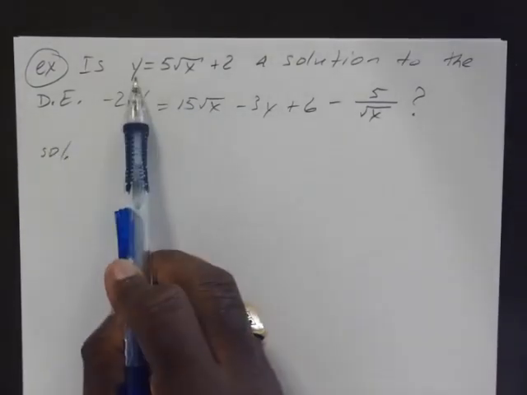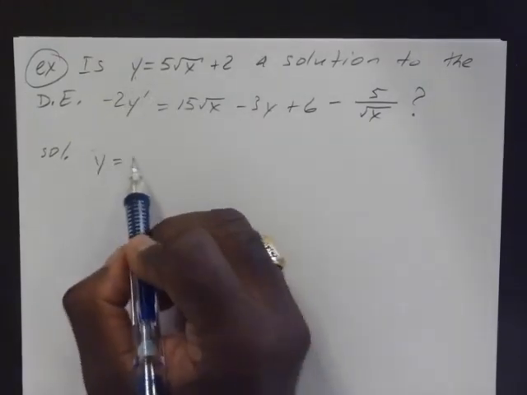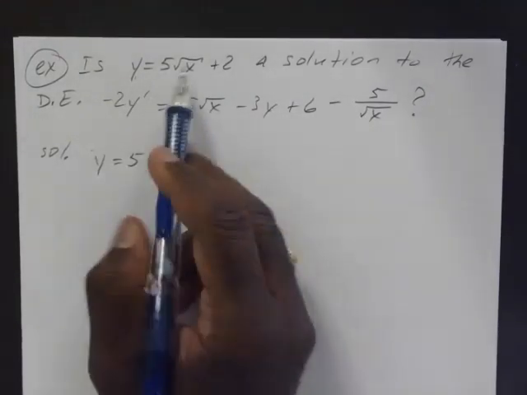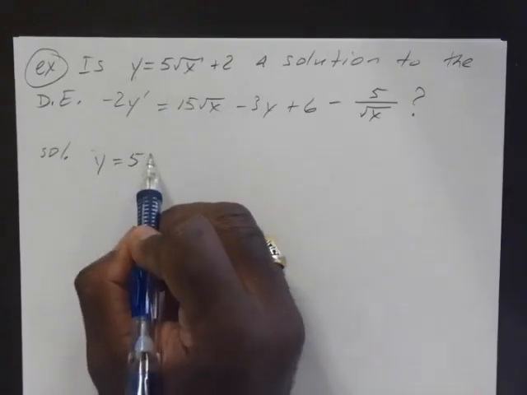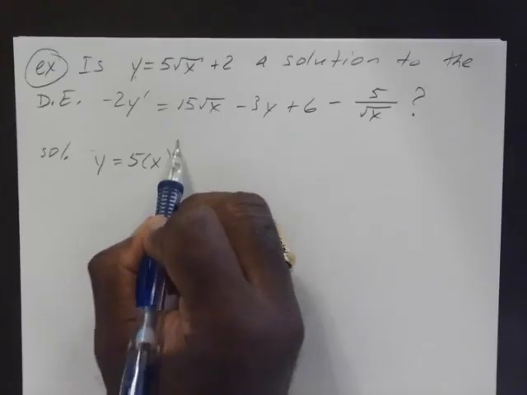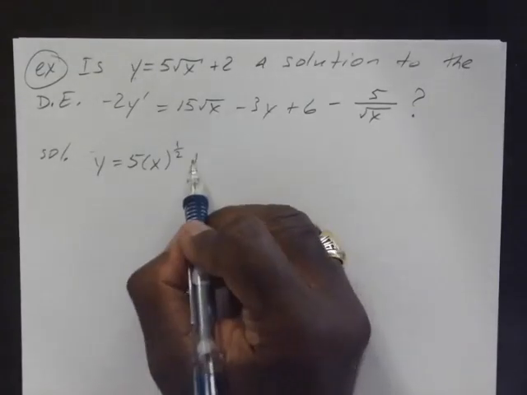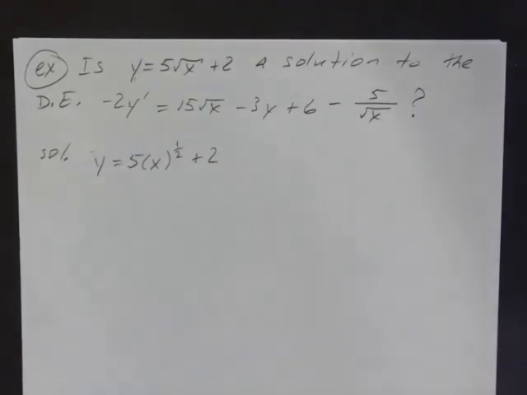Okay. So again, we know that y is equal to 5 times square root of x, but I'll rewrite that as x to the 1/2 power only because it's easier to differentiate, plus 2.